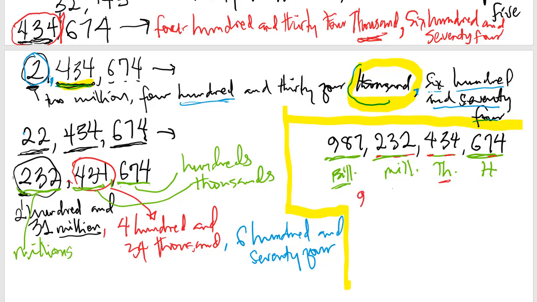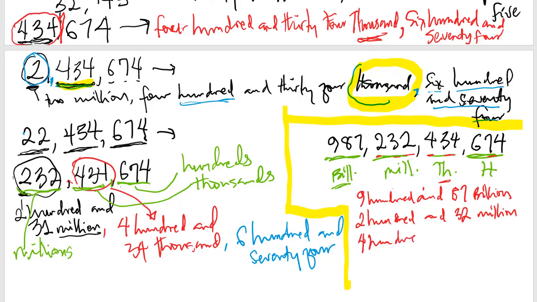So we have 987 billion, 232 million, 434,674.